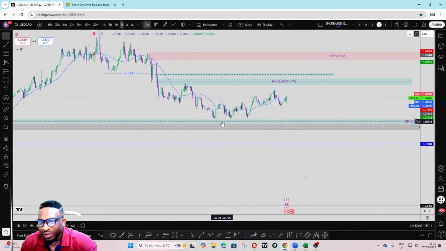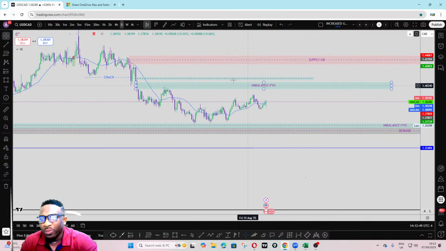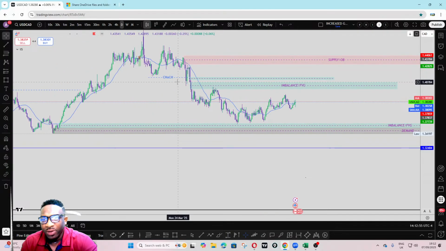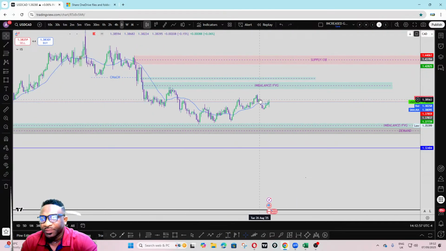And then we have 3 taps into this area, then we're making our push up. So this coming week, we have this area above here that still needs to be tapped in if we're going to continue the uptrend.